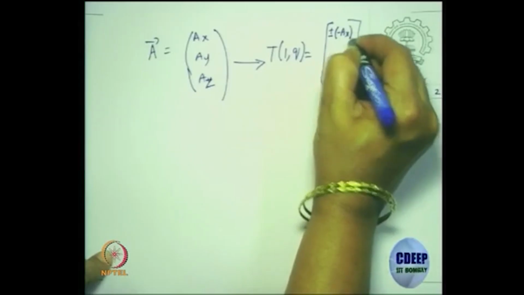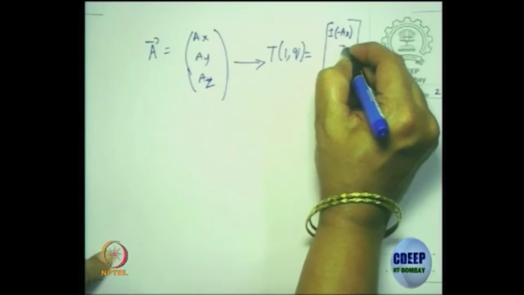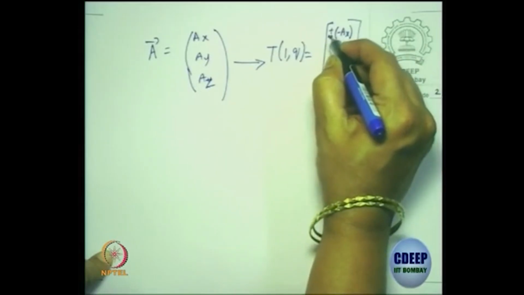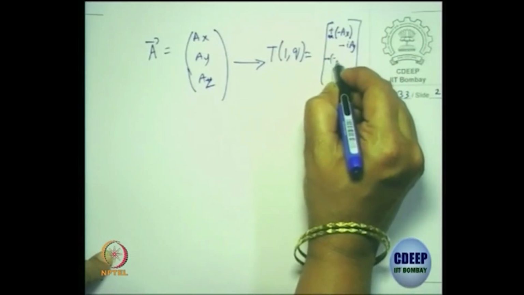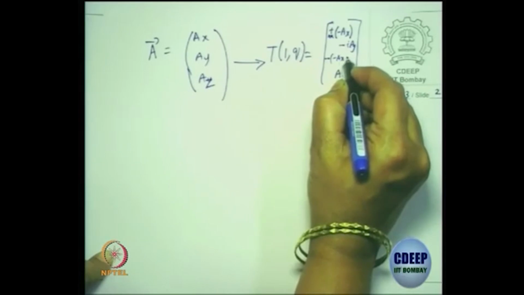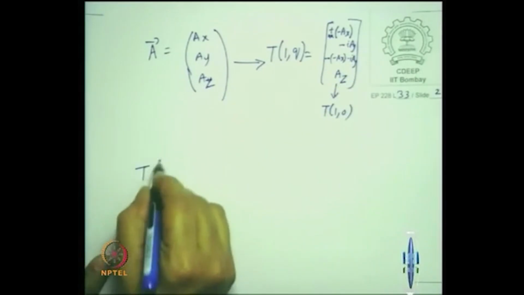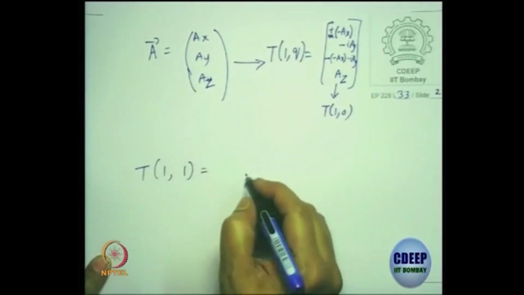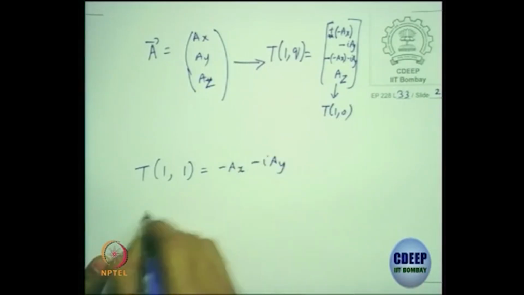So let me write T1 comma 1 for this vector A as minus Ax minus iAy.